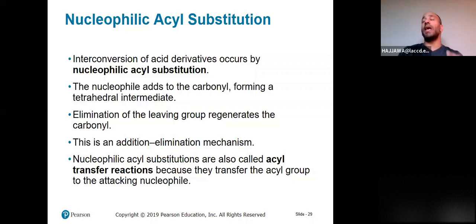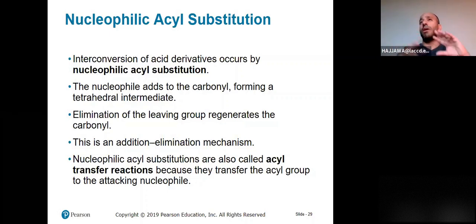So nucleophilic acyl substitution. That's the name of the reaction. This is how you go from an acid chloride to an acid anhydride to an ester to an amide, and so on.